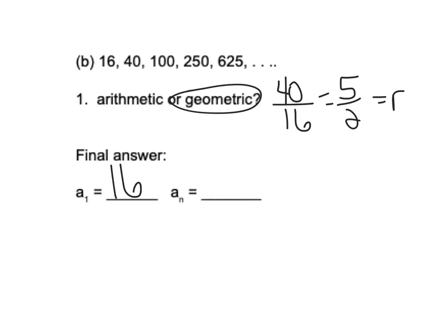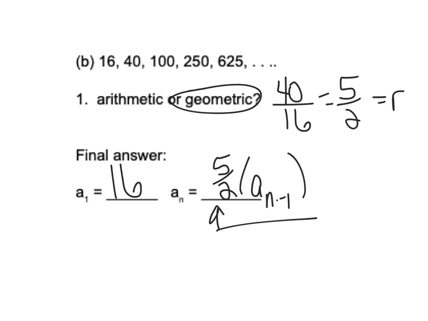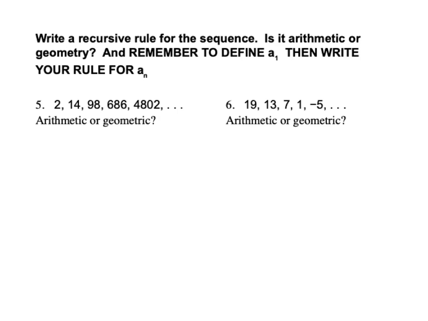And a sub n is going to be our r value, which is 5 halves, times a sub n minus 1. What that means is you take your term previous to it, multiply it times 5 halves, and that will get you the next term.